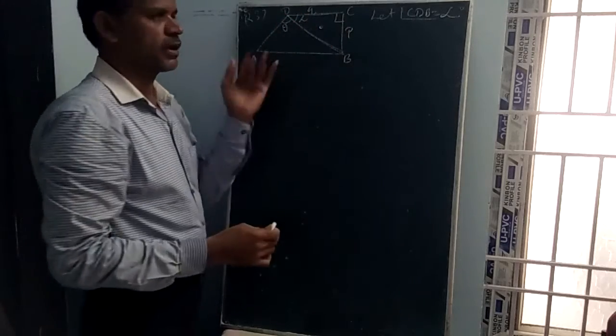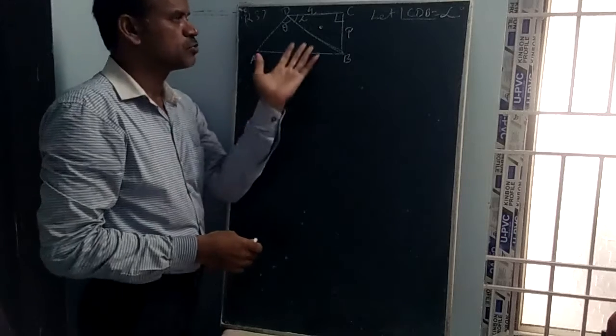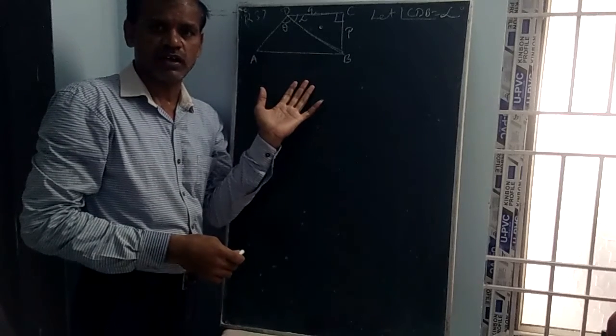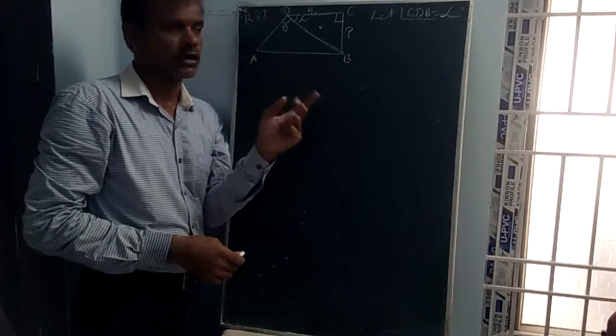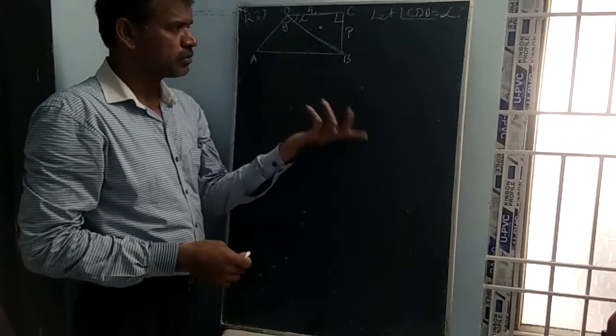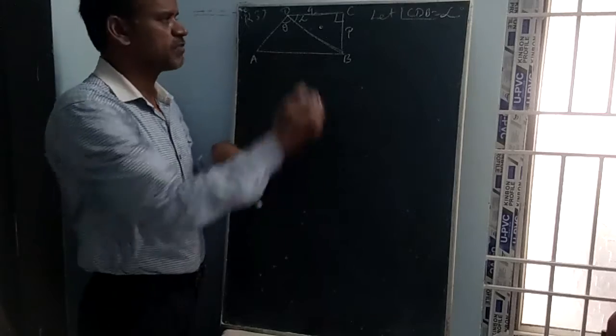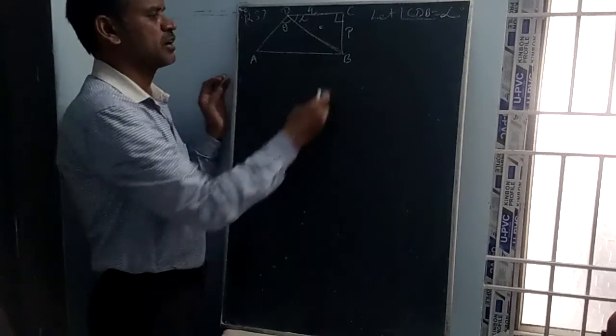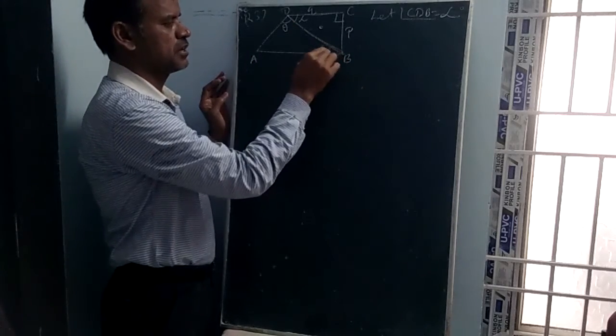AB and CD are parallel because a trapezium has two parallel sides. Between parallel lines, if a transversal exists, then alternate interior angles are equal. You can write alpha here.